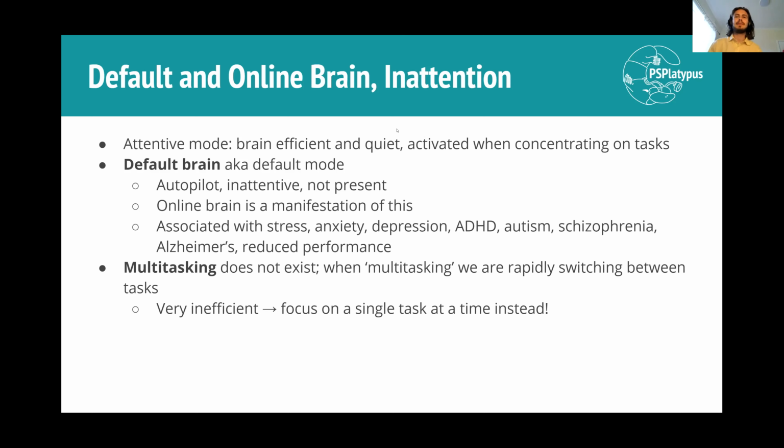Good on you. Also a key concept is the attentive mode, which is the counterpoint to that. It's when we're focusing on something, we're in a flow state. Perhaps once in a while, in an exam or something like that, you might have been zoned in because you've only got so much time and you've just got to focus. That's very efficient, very effective. And that ties into multitasking. There's a lot of evidence that shows that multitasking doesn't really exist.